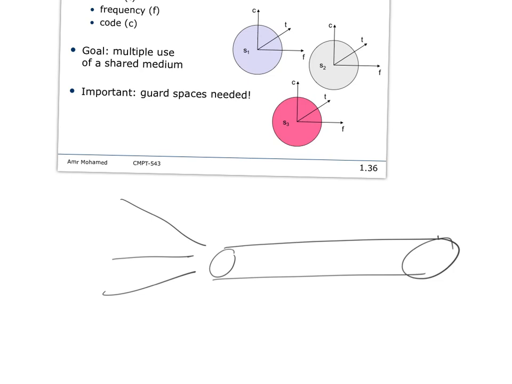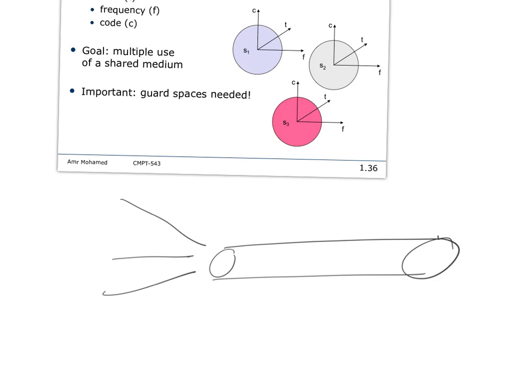And this happens, for example, in Ethernet, where we have a shared medium, and all the users are sharing this medium. So in that case, we have to use multiplexing, or a strategy for how to mix the signals that are coming from these multiple nodes or users. So there are four common ways or four common categories of techniques based on which we can do this multiplexing in general, in wired or in wireless.